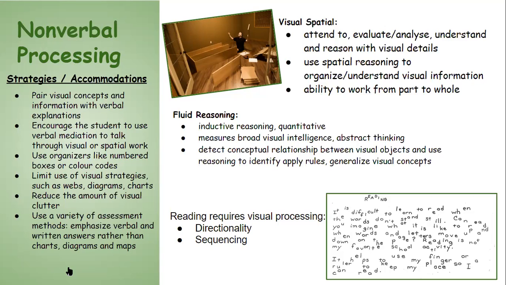So students that have weaknesses in these visual areas in the classroom, you might see kids that have problems with procedural learning or trial and error type problem solving. They'll have difficulty understanding charts and diagrams and maps and understanding the concept of quantity.